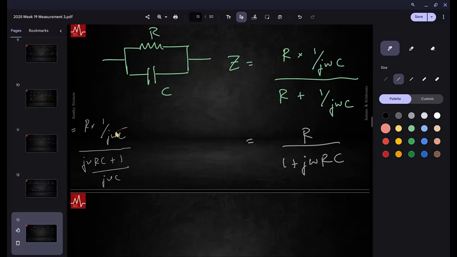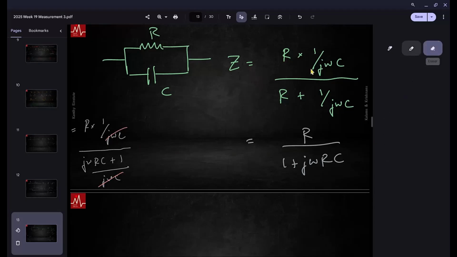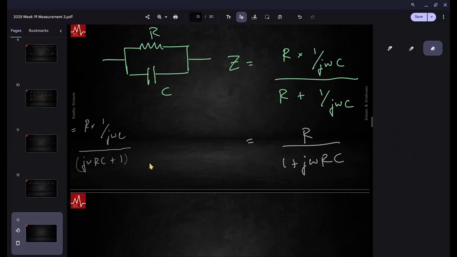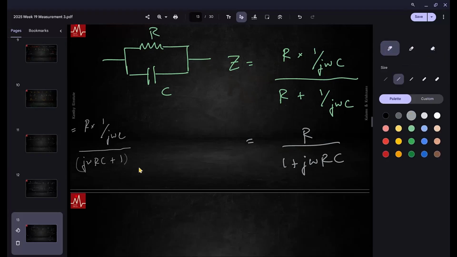These two will get cancelled. And if I had to be slightly consistent with the notation, fraction by this fraction, that would happen to me.